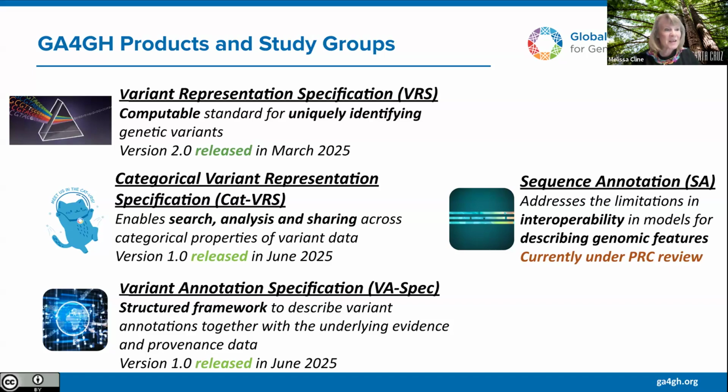Our study group on sequence annotation is evaluating the limitations of interoperability for describing genomic knowledge and genomic features. Their white paper is currently under PRC review, which in GA4GH product development means that we're working on getting the encapsulated statement of the problem down before any next steps.